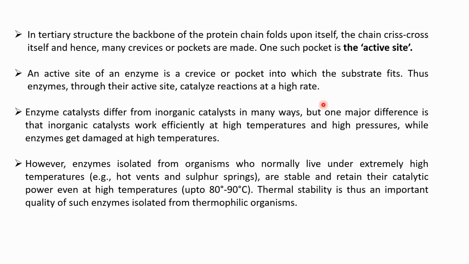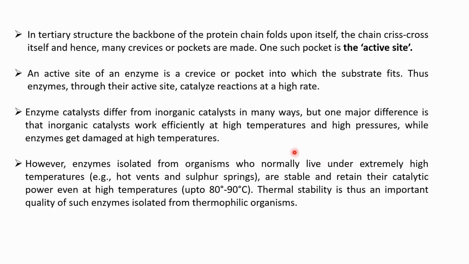The enzymes isolated from such organisms are stable. For example, we use Taq polymerase, which is one of the enzymes frequently used in molecular biology. It is isolated from an organism that is able to survive at a higher temperature, and such enzymes are stable and retain their catalytic properties even at higher temperatures, up to 80 to 90 degrees centigrade.